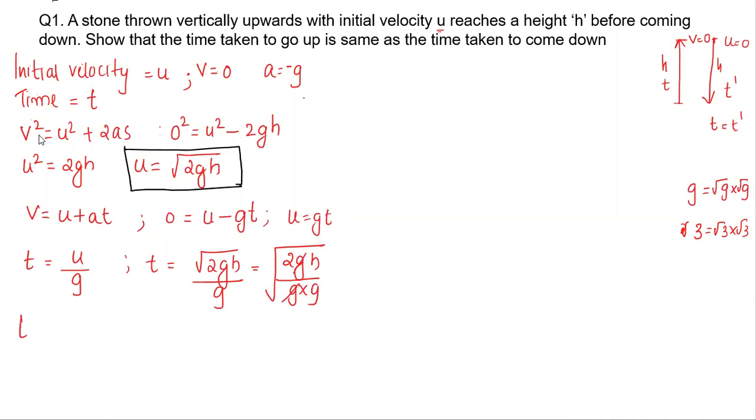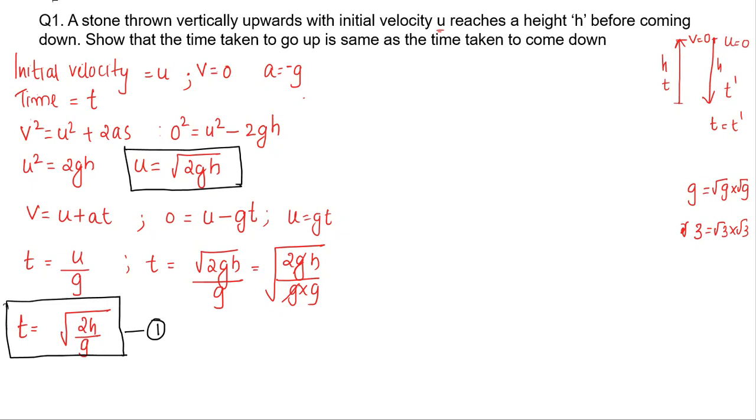We got t is equal to under root 2h upon g. Everything is in root. t is equal to under root 2h upon g we got. Let it be equation number 1. This is in the case of upward motion.